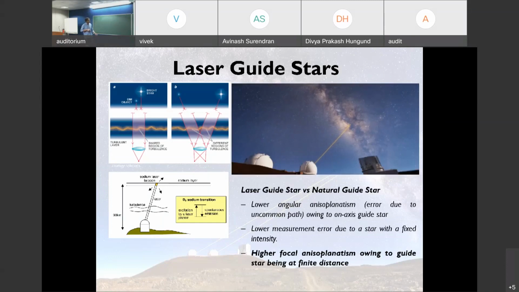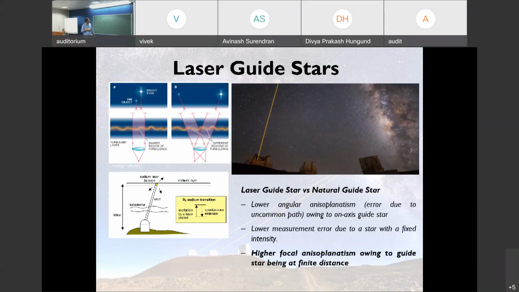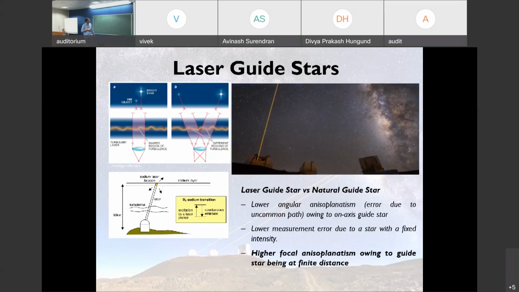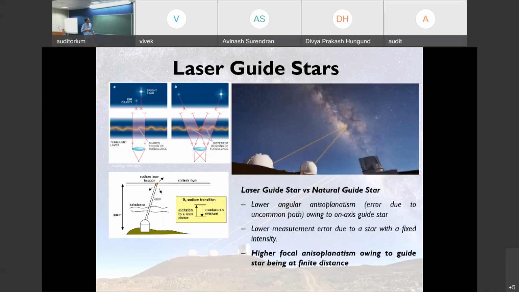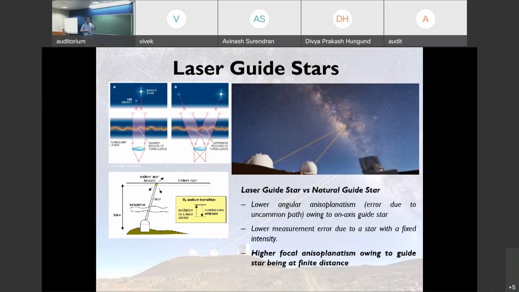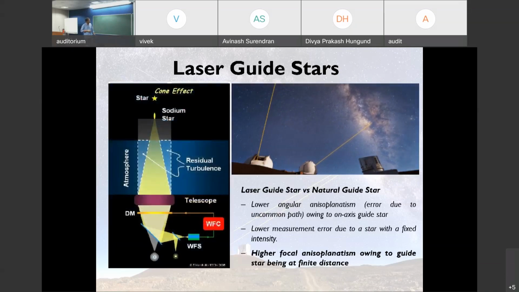So what we are sampling for detection will be a cone of starlight, and what we will be correcting for will be this whole cylinder of starlight. So there will be some unsensed atmosphere between the cone and the cylinder, which we are not correcting for. So that is one of the things that is addressed by KAPA here.